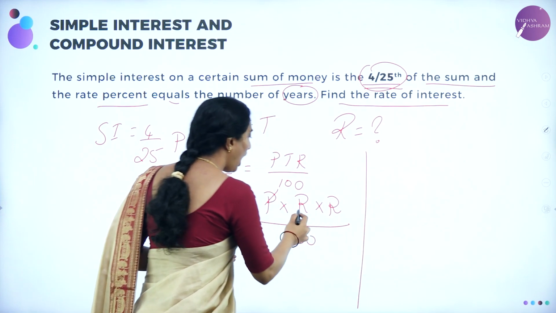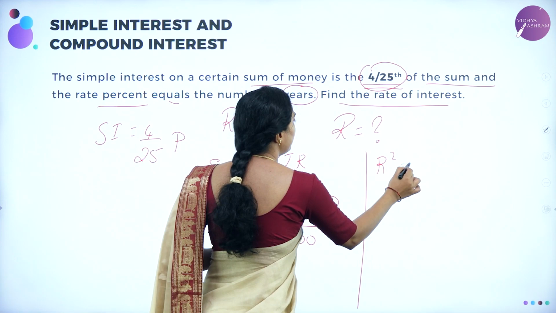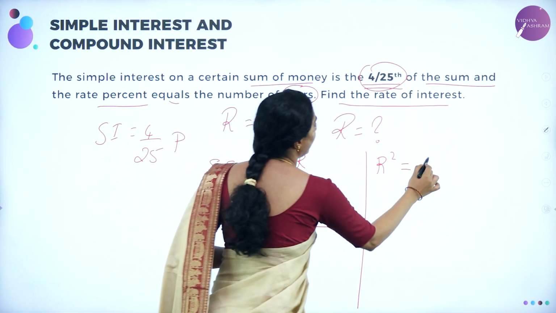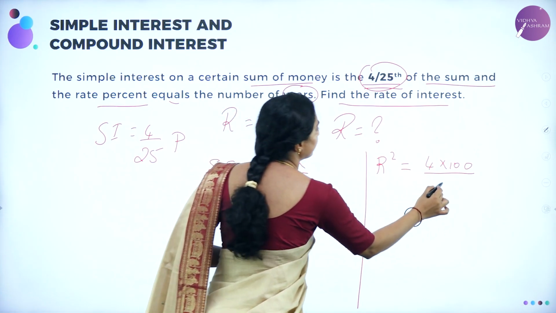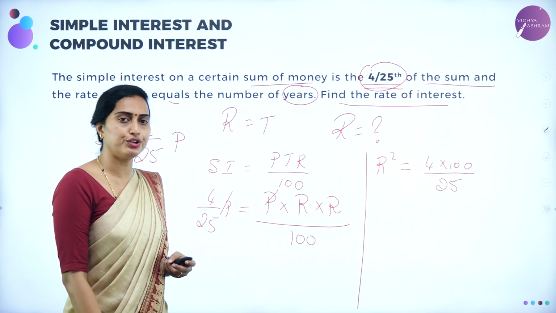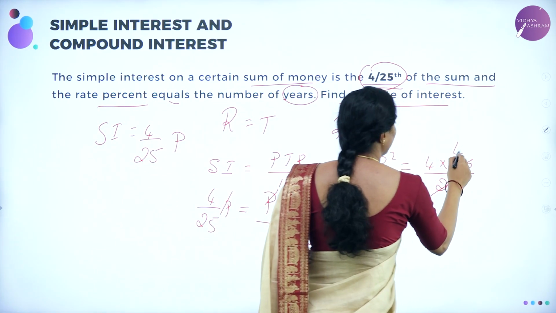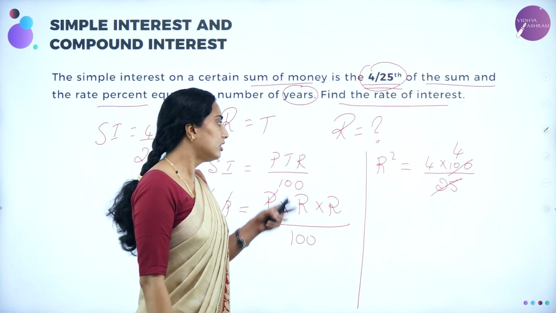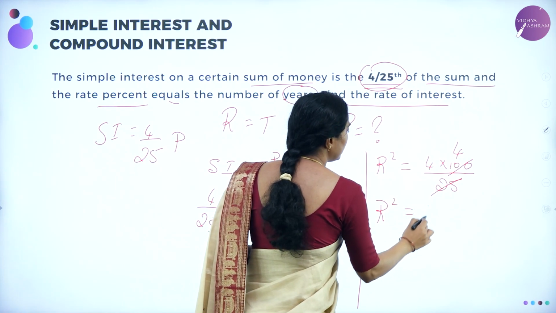Therefore, R into R, you are going to have R squared equals 4 into 100 divided by 25. Correct? So, if you calculate this, 25 ones are 25, 25 fours are 100. Therefore, 4 into 4 is nothing but 16. R squared is equal to 16.